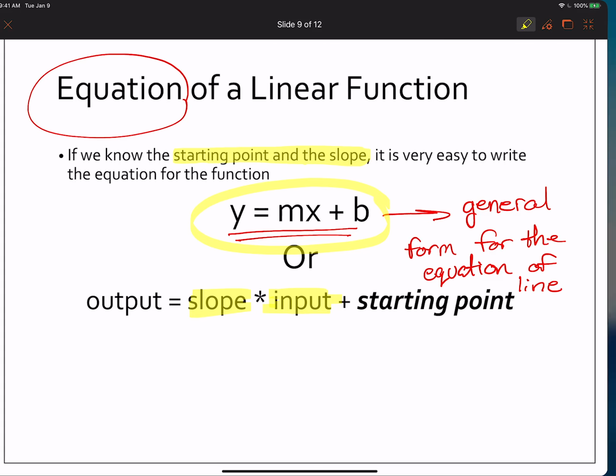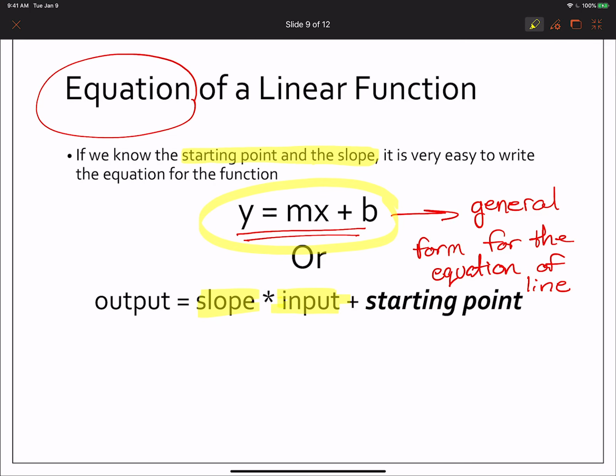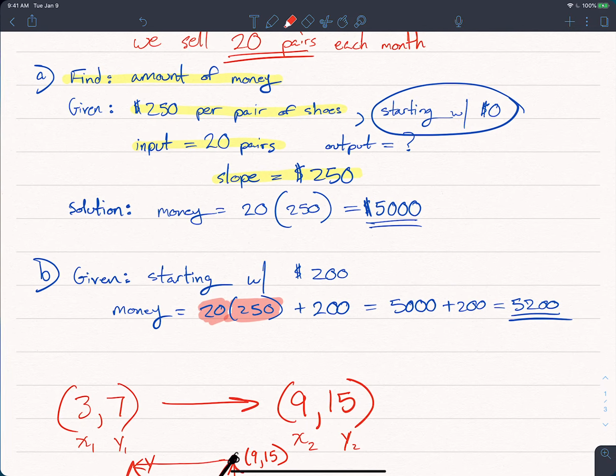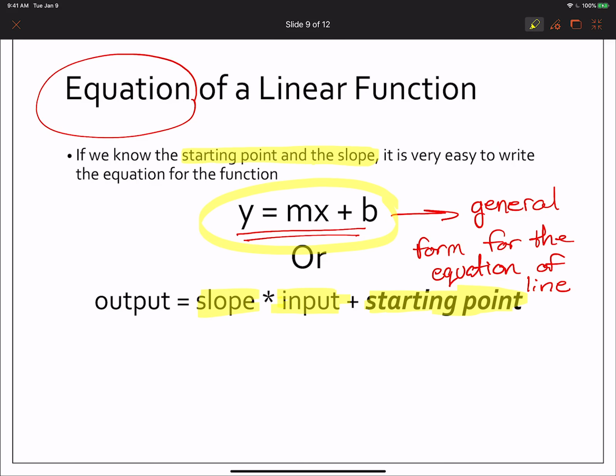What was our input? 20 plus whatever we start with. In that example, what did we start with? We started with 200. So we can see that it does look the same.